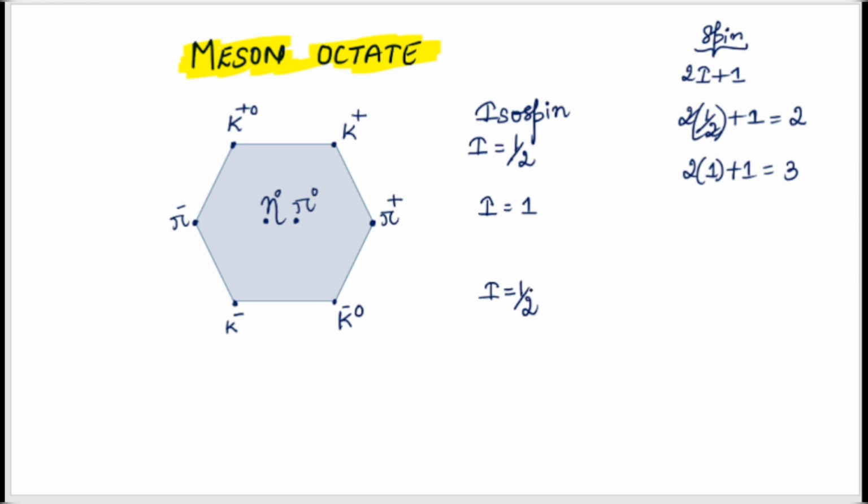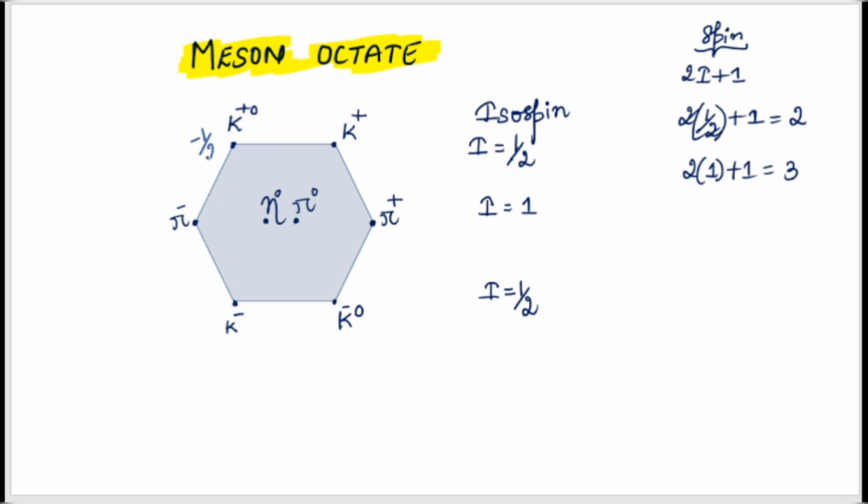Now we have the third component of the isospin. There is a trick to remember this third component of the isospin. How it goes, the corner to your left corner, if we have an isospin to be half, means the third component of the isospin, I am changing the color and writing, it will be minus half.